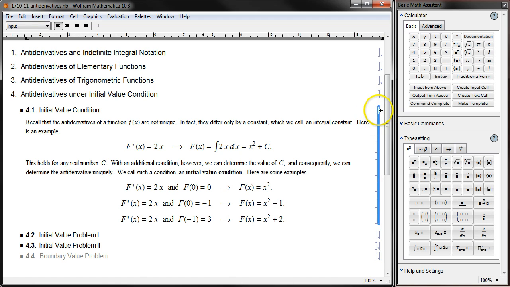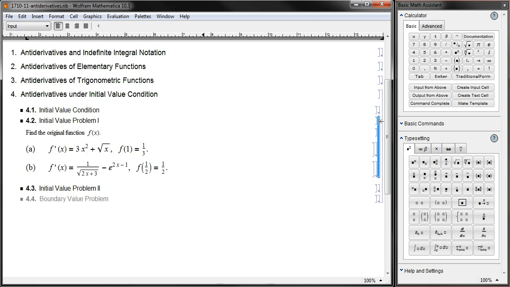Let's discuss some of those problems here. All we have to do is calculate the antiderivative and then do some algebra to find out the c value. Here we go. Let's find small f of x using this integrand and the IVC, initial value condition.